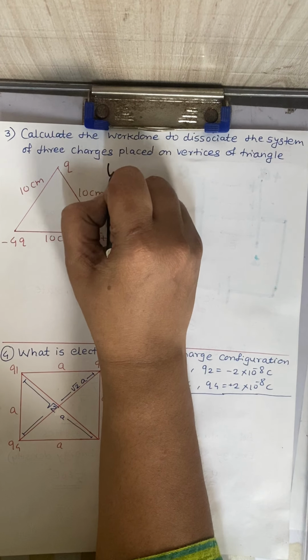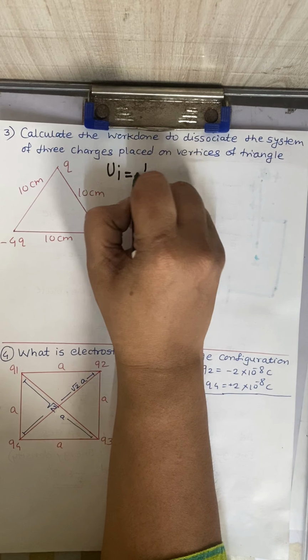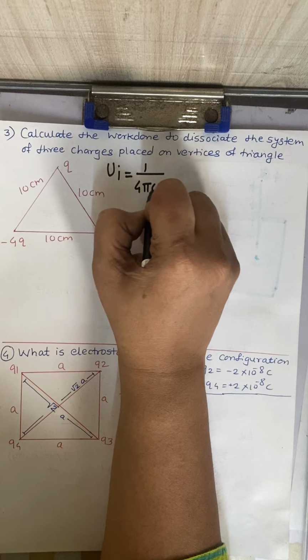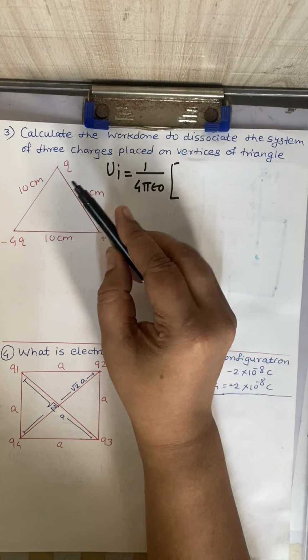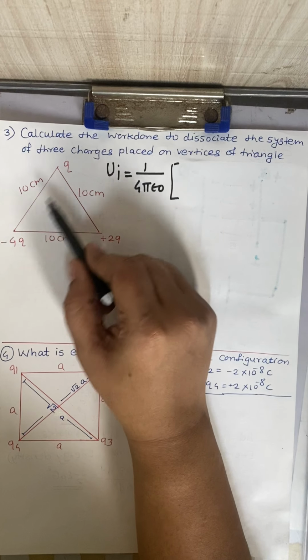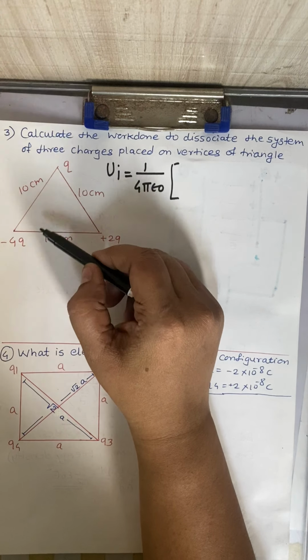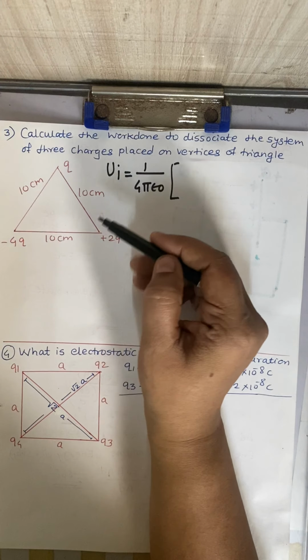So I can write down that initial potential energy Ui is equal to 1 upon 4 pi epsilon naught. Now inside the bracket, initially all three charges are in a system, and therefore we have to find out the potential energy with respect to each charge along with the remaining two charges.